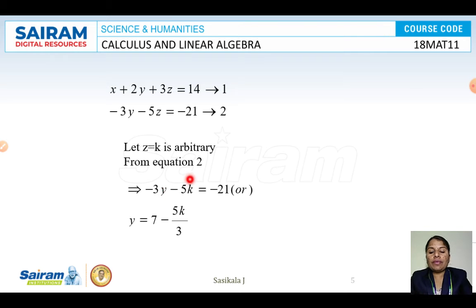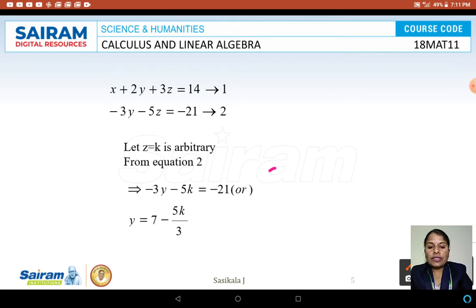Let me write it. Minus 3y is equal to minus 21 plus 5k, then divided by minus 3.